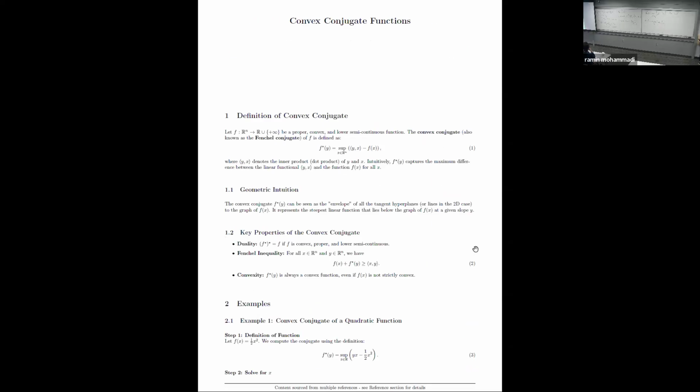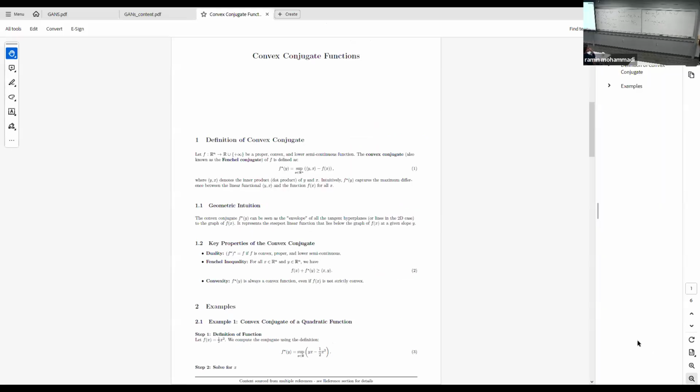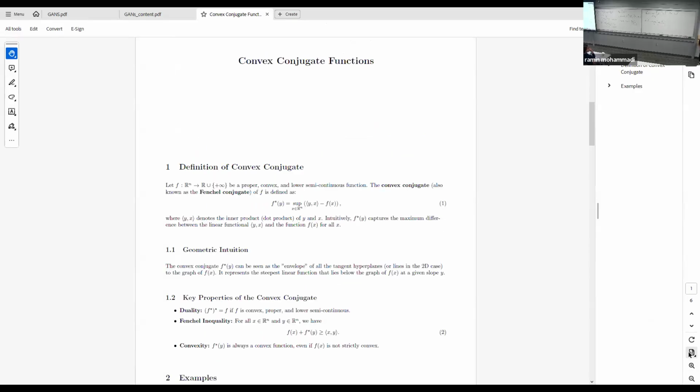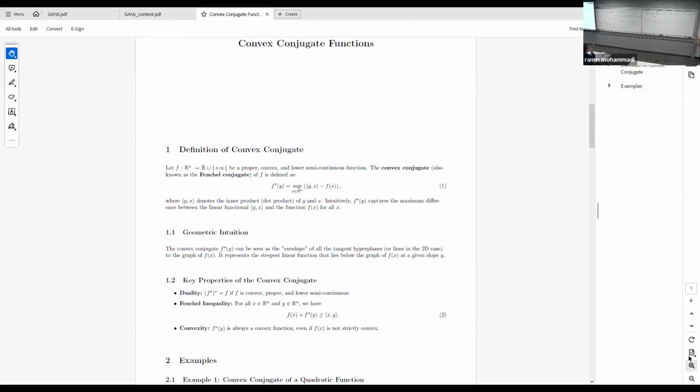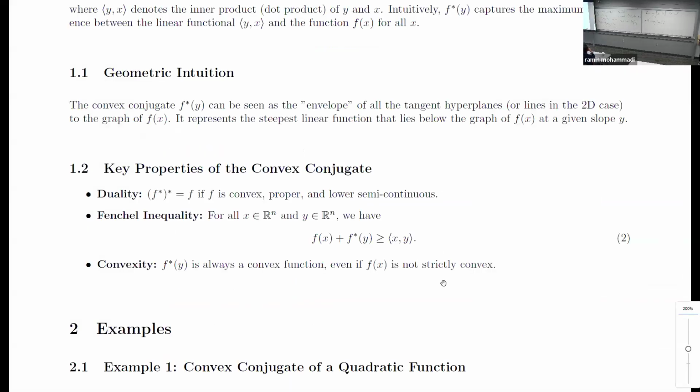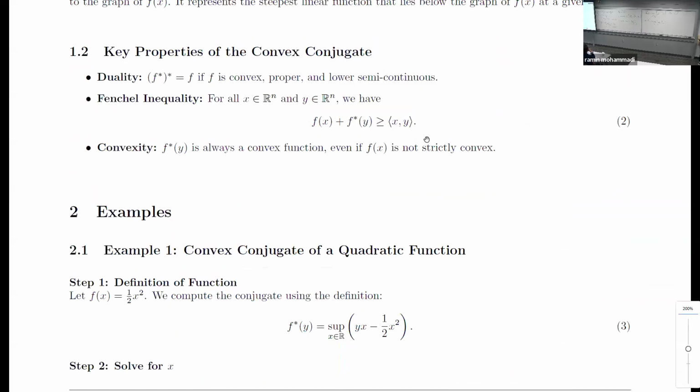I'm not going to go over it, but I have uploaded 2 examples for you to try out yourself. So let's say we have this function f(x) equals 1 over 2 x squared.